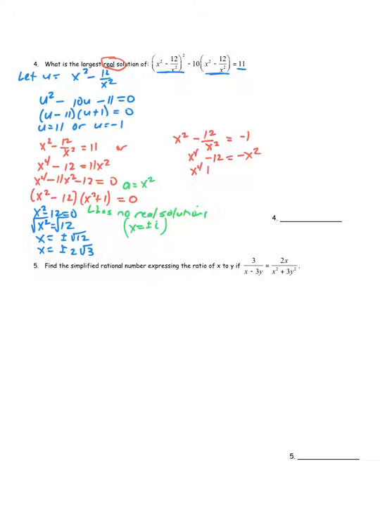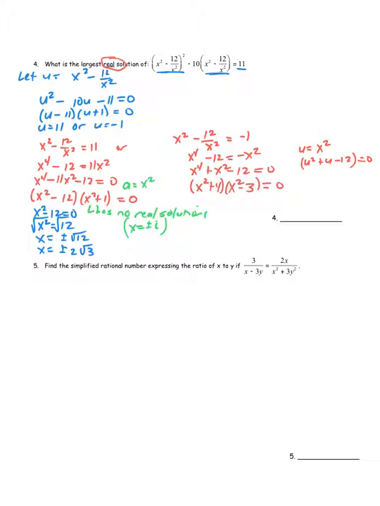We'll have x to the fourth plus x squared minus 12 equals 0. If you want, you can do a u substitution. You can let u be x squared, and then you'd have u squared plus u minus 12 equals 0. I'm going to factor this directly. This factors as x squared plus 4 times x squared minus 3 equals 0.